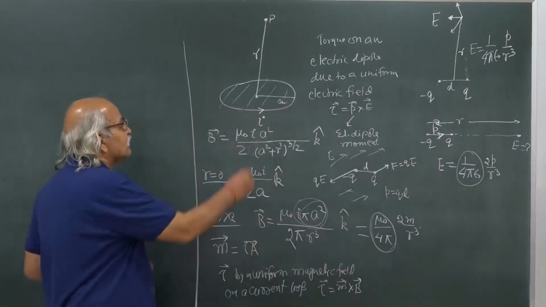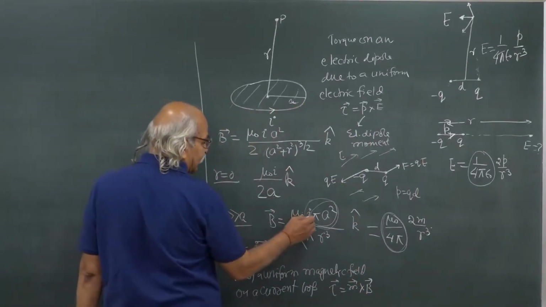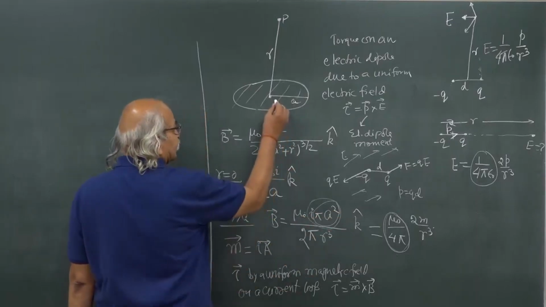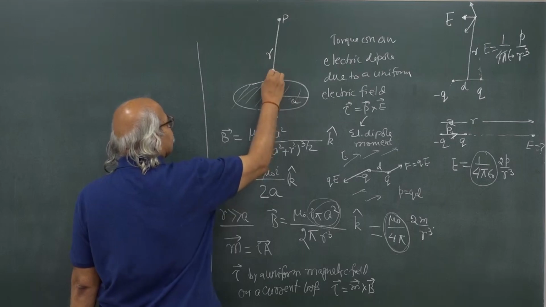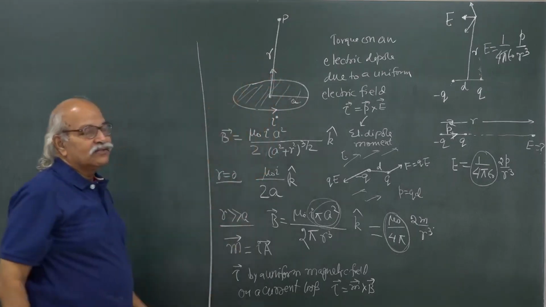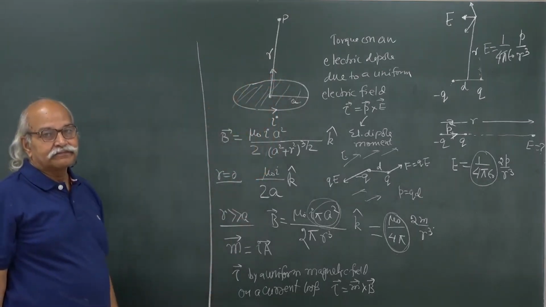Our dipole moment is I times the area vector, and this area vector is in this direction, and the magnetic moment is also in this direction.